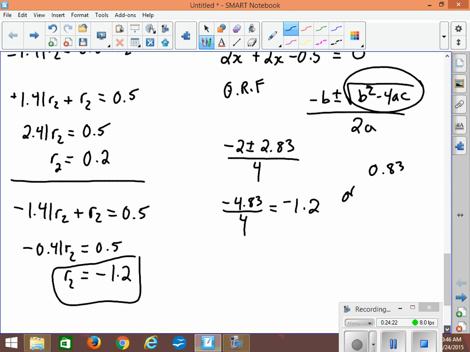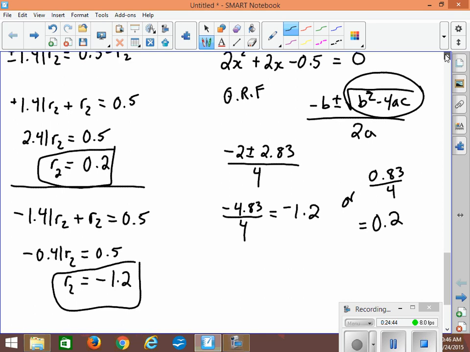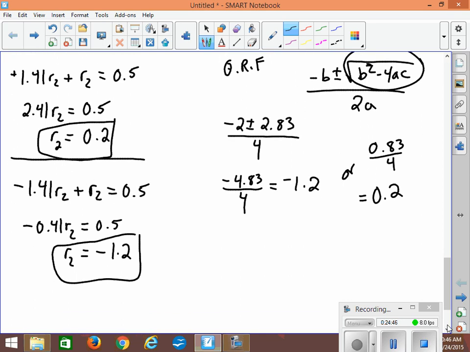Over 4. And 0.83 divided by 4 is about 0.2. We got a little bit of a rounding issue there, but it's close to 0.2. So that matches the answer we got over here. Needless to say, the first method is probably less prone to error and less problems with the QRF and making the mistakes. But that was my mistake for trying to rush, not your mistake. You would have done it nice, and shown it all and worked it out.